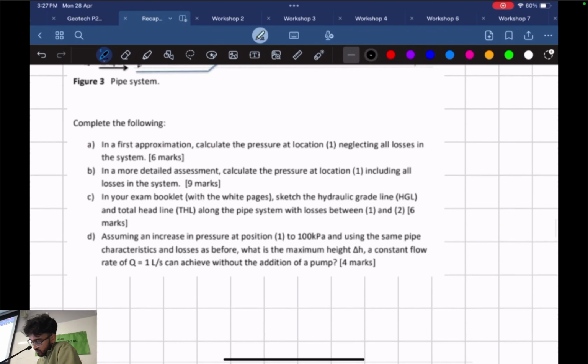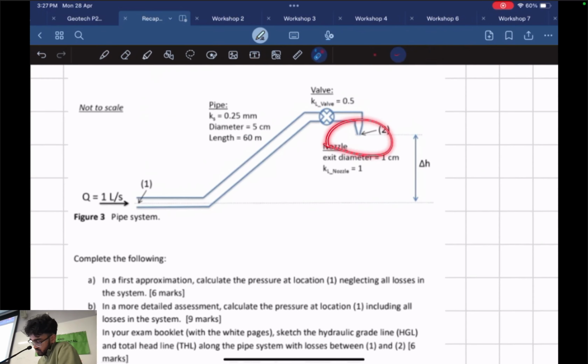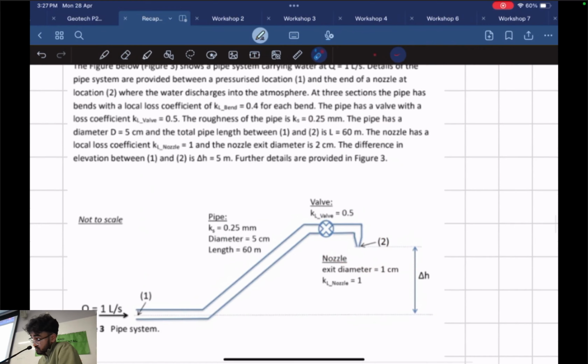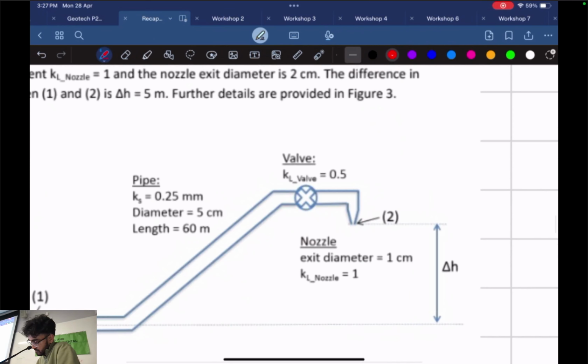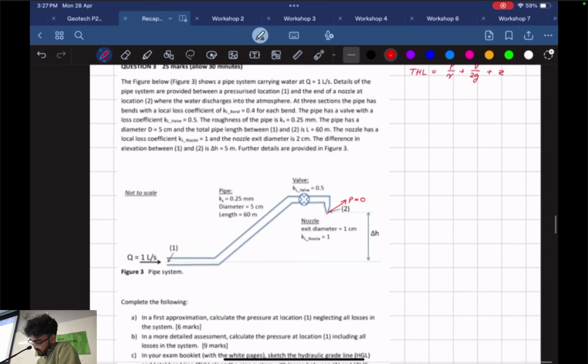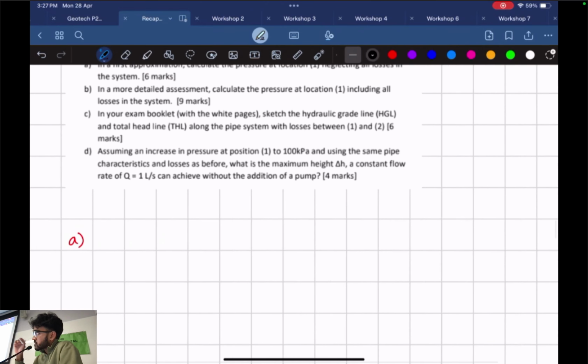Alright? So we know the pressure at point 2. What is it? Pressure at point 2. 0? Yeah, perfect. It's open to the atmosphere. So we're going to take Bernoulli's equation at point 1 and point 2. Right?